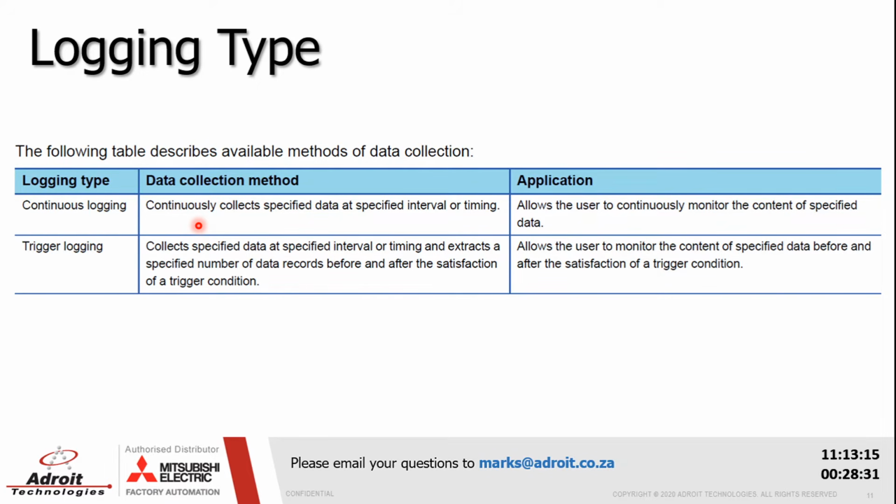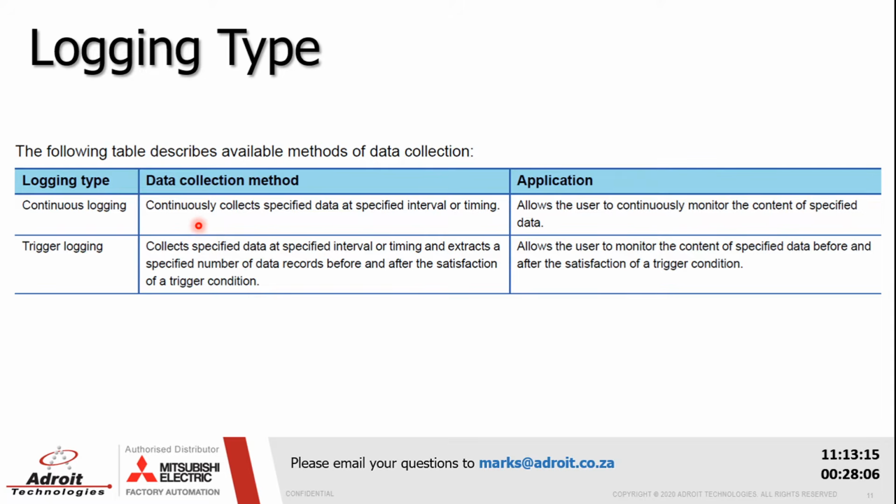The trigger logging collects data at a specific interval or timing and extracts a specified number of data records before and after the satisfaction of a triggered condition. So that needs to be true. When your triggered condition is true, so that would, for example, be an M register, while that M register is on, it will only log in that time.